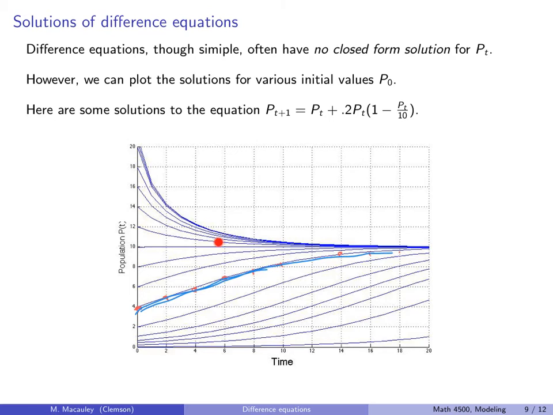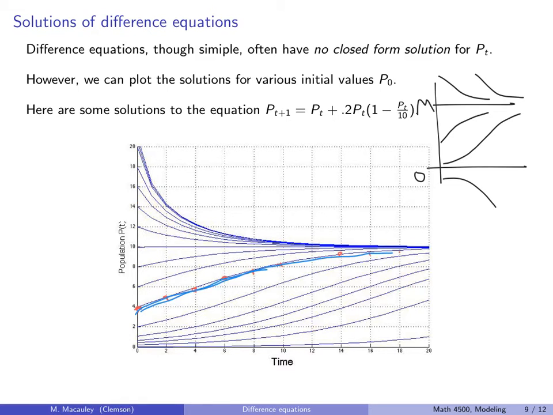But anyways, for different initial values, you get different curves that look like this. And this looks like what the continuous logistic equation gave us when we had differential equations. Remember, in that case we had 0 and we had M, and then we had curves that look like this for population. That's what we expect.